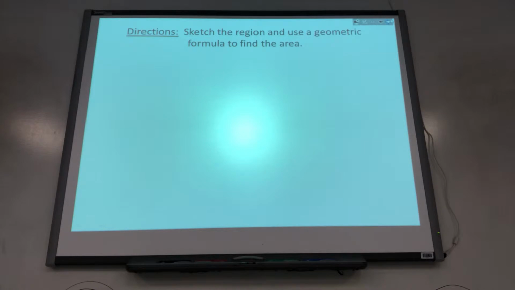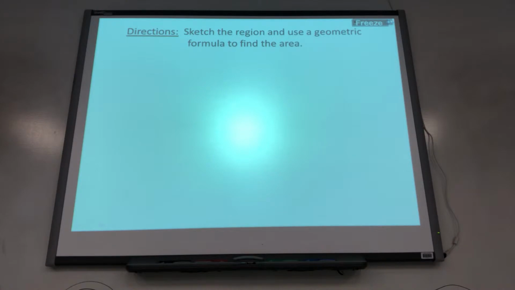Now it says, sketch the region. We'll have to do a little graphing here. Sketch the region and use a geometric formula to find the area.